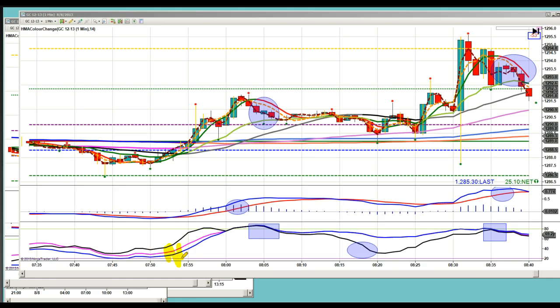So when they're moving together, the move's really strong. When we get a runaway STO, when this 20, the black line, leaves the other two behind, be ready to get out and do not get in here. Do not be trading short here because things are going to turn around. That's what a runaway STO tells you on a 1-minute chart.